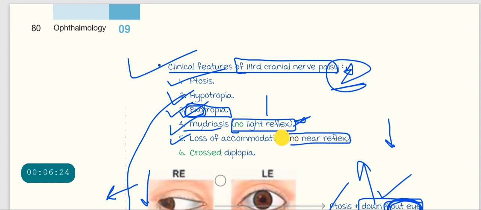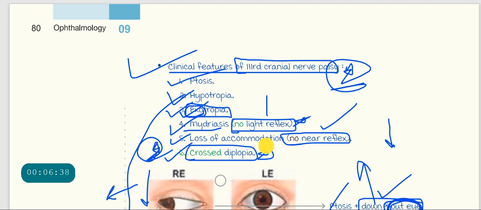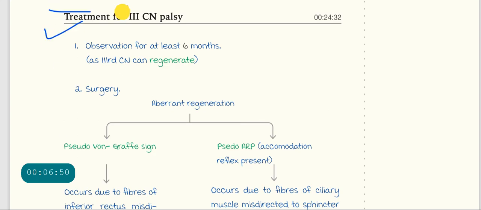Okay, loss of accommodation and no near reflexes seen. You can also see a very important thing, that is crossed diplopia. Okay, so you will see a crossed diplopia, and this is due to exotropia. Simple.